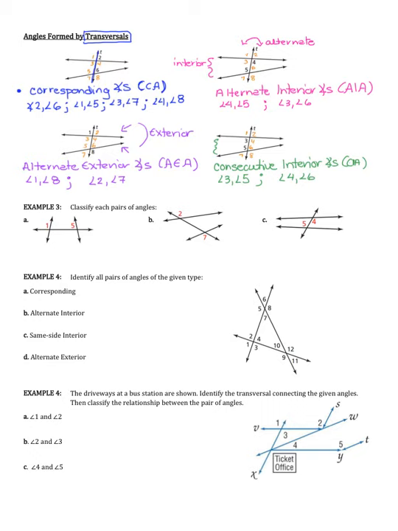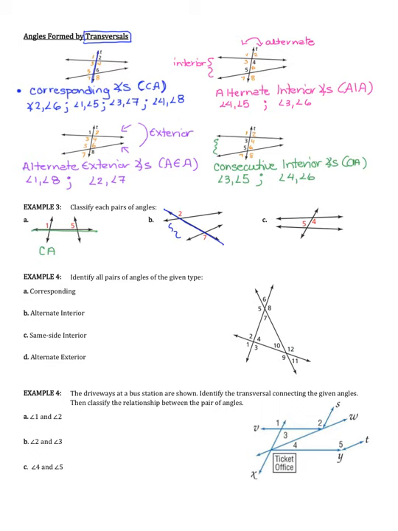So I always like to draw the transversal. So we notice that angle 1 and 5 are on the same side, and they are both to the left, so they are what we call corresponding angles because they correspond in the same relationship to the two lines. Now in example B, remember this would be between the two lines because this is going to be your transversal.